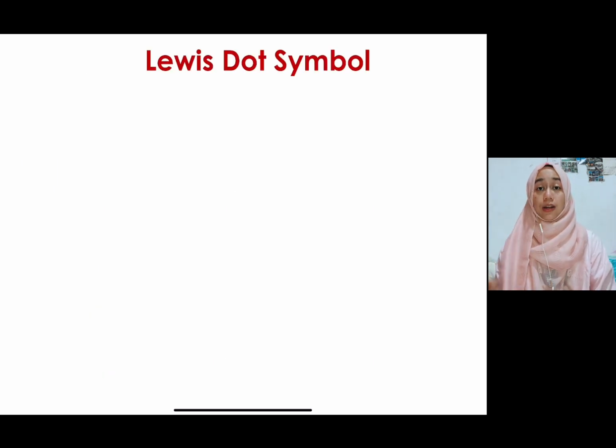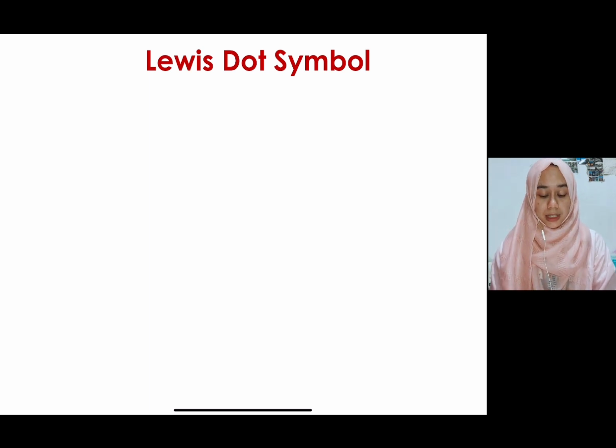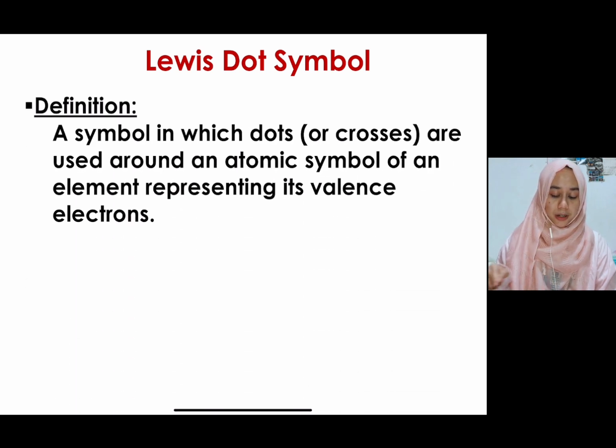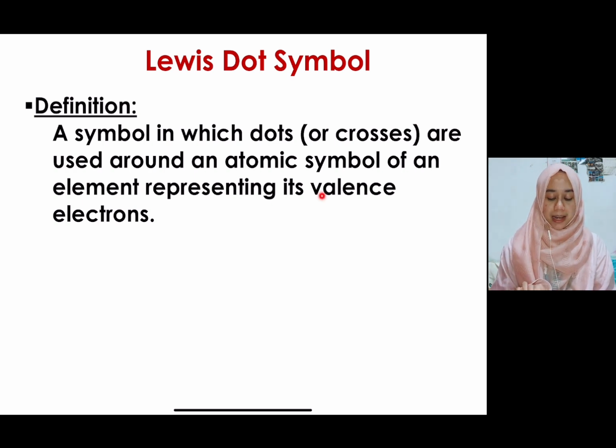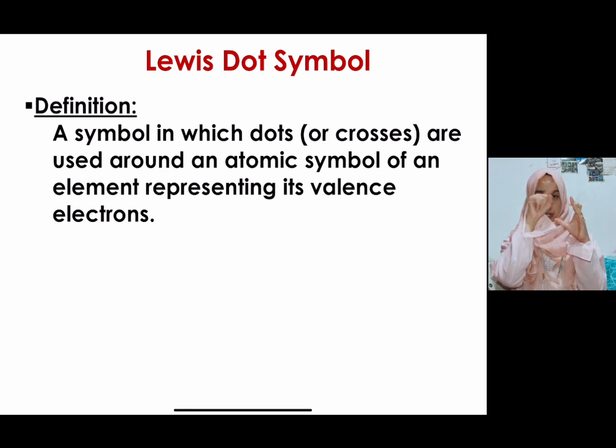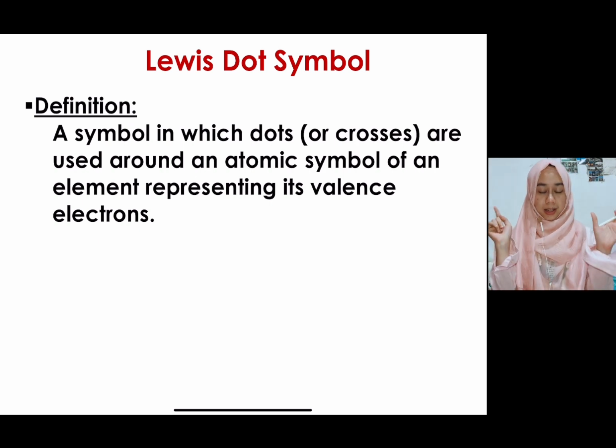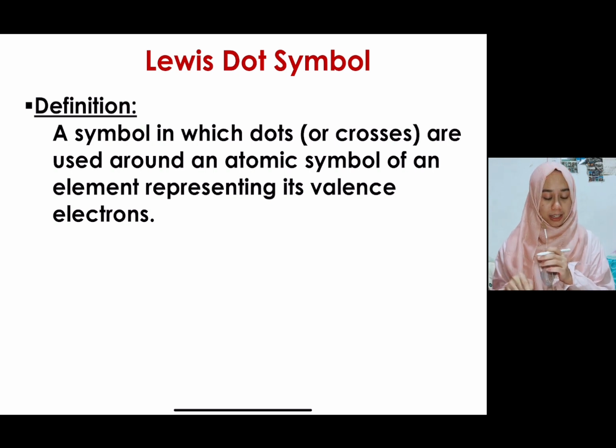Now let's get to the symbol. The symbol you've seen just now is what we call the Lewis dot symbol. The definition is that a Lewis dot symbol is a symbol in which dots, or sometimes crosses, are used around an atomic symbol of an element representing its valence electrons. Just now you saw oxygen and the dots, so the dots are the valence electrons.